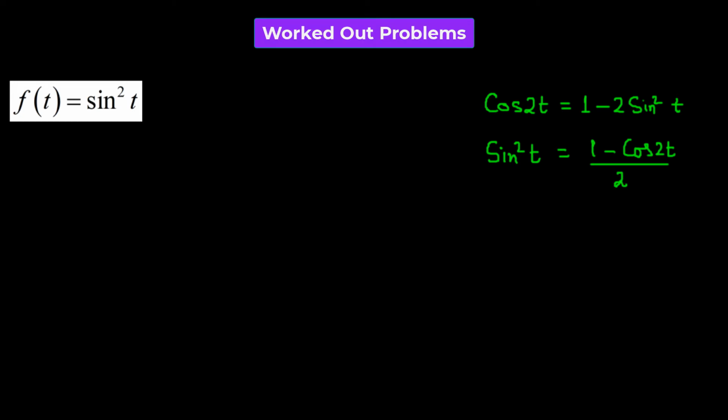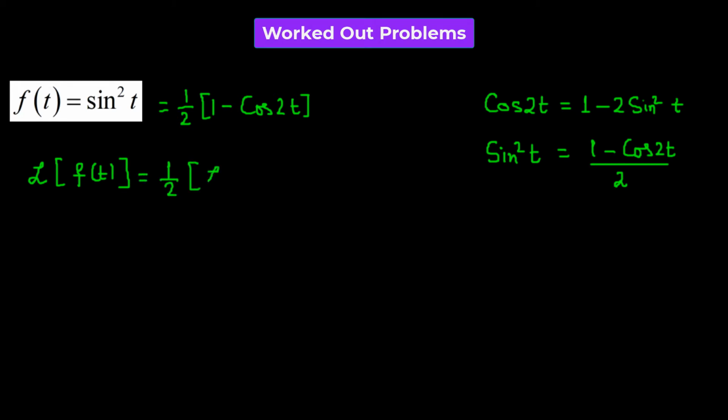So that means our function f of t is half of (1 minus cosine of 2t). So let's now find out the Laplace transform. The Laplace transform of f of t will be simply equal to half multiplied by the Laplace transform of 1 minus the Laplace transform of cosine 2t.